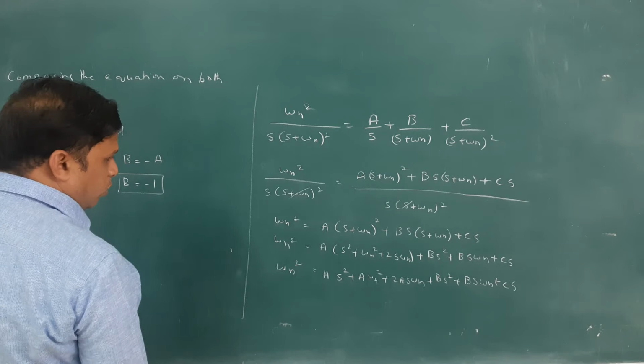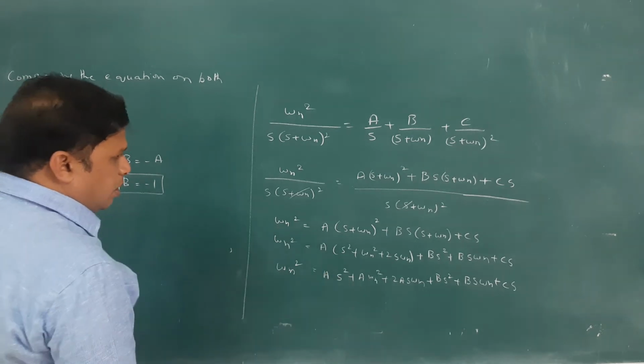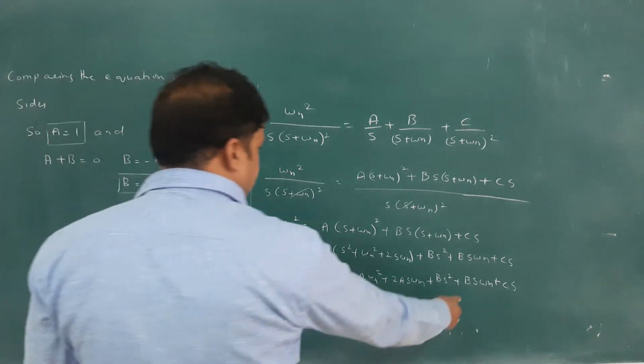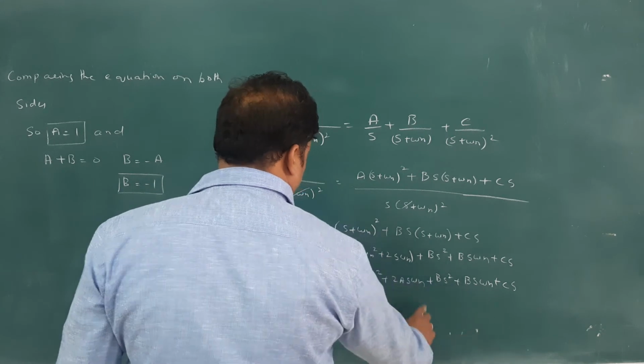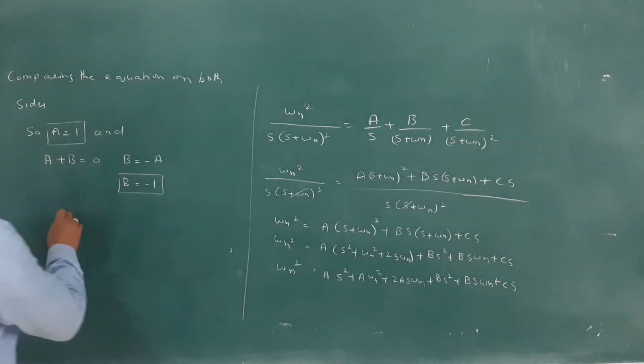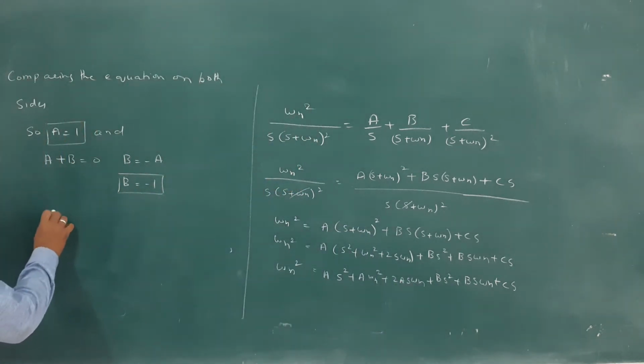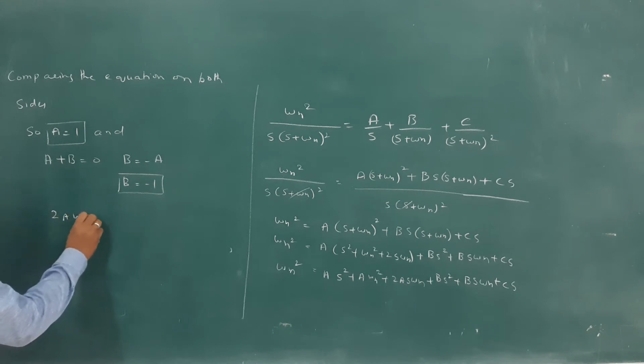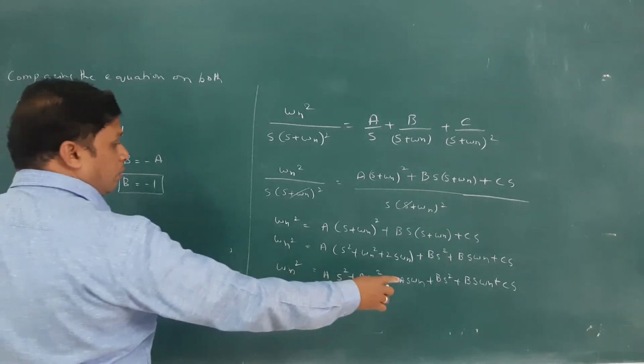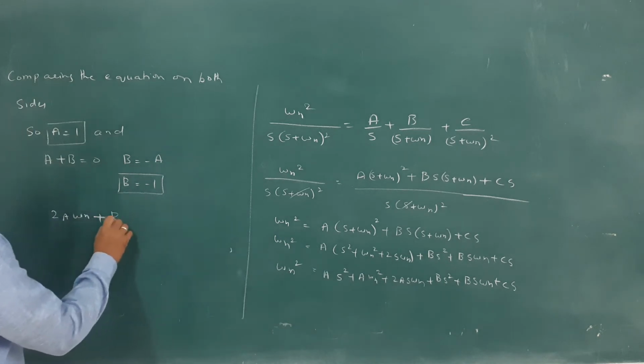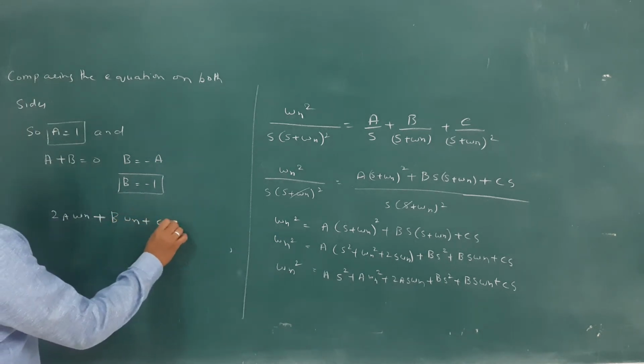Now we have one more thing here, the s term. What is the s term? 2 A s omega n plus B s omega n plus C s is equal to 0.